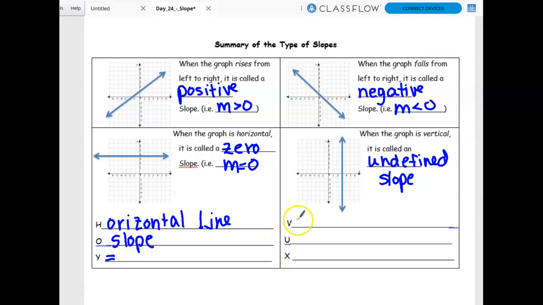The VUX is a vertical line, and that has an undefined slope, and the equation of that line is going to be x equals. So HOY-VUX, you're going to hear me refer to that a lot to remember things.